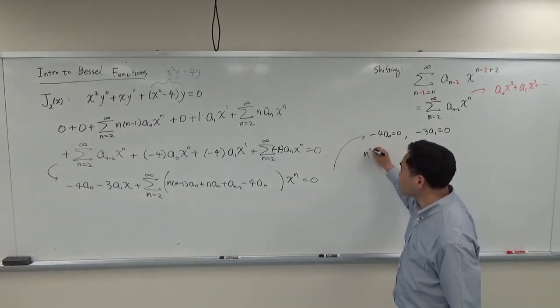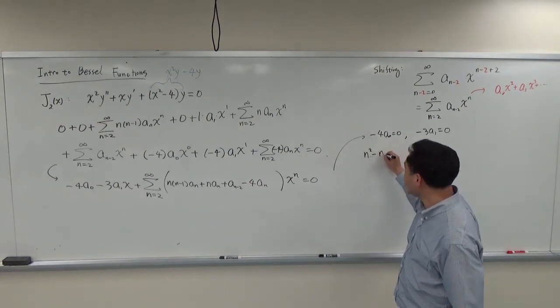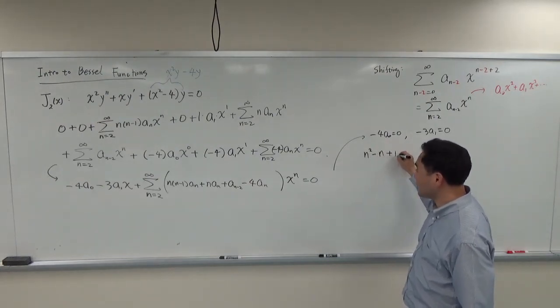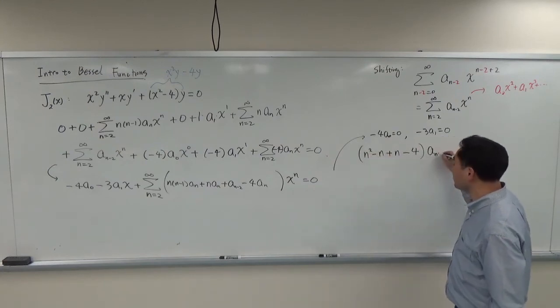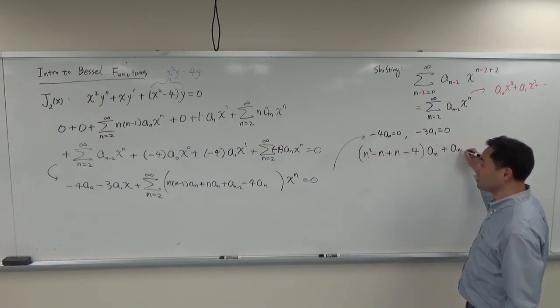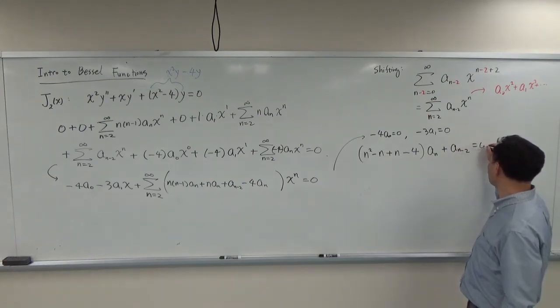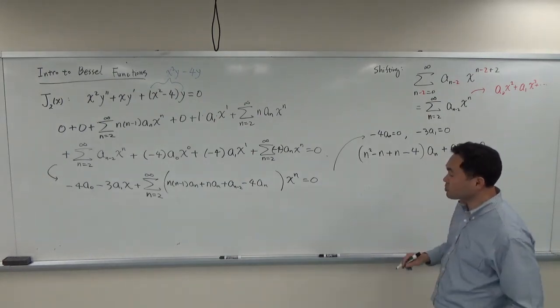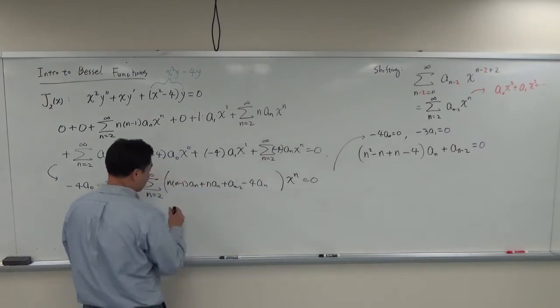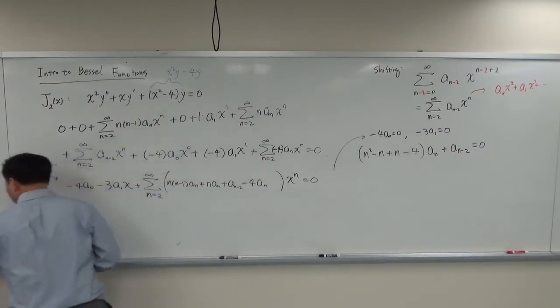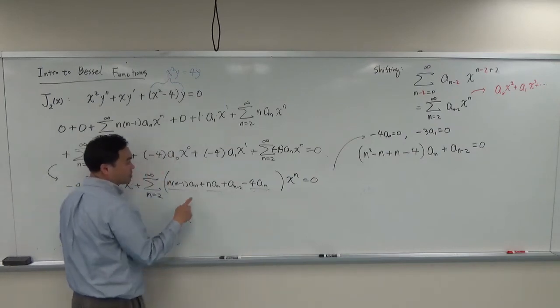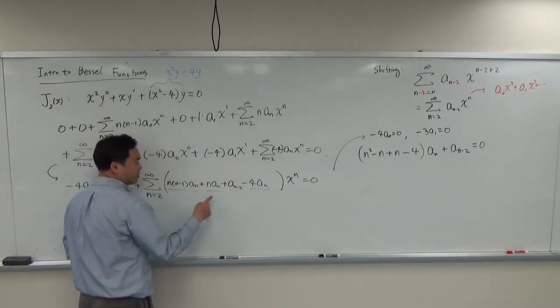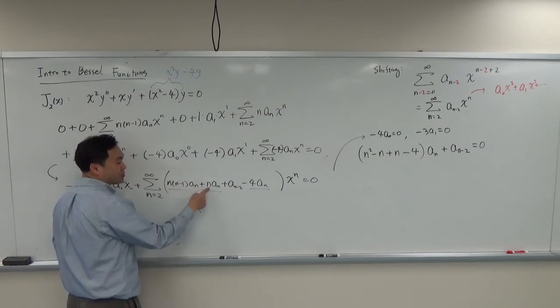Okay, so you have n squared minus n plus n minus 4, times an, plus an minus 2, equals 0. So see what I did? I took this one, and this one. I noticed that all of those have an in there. This is n squared minus n plus n minus 4.